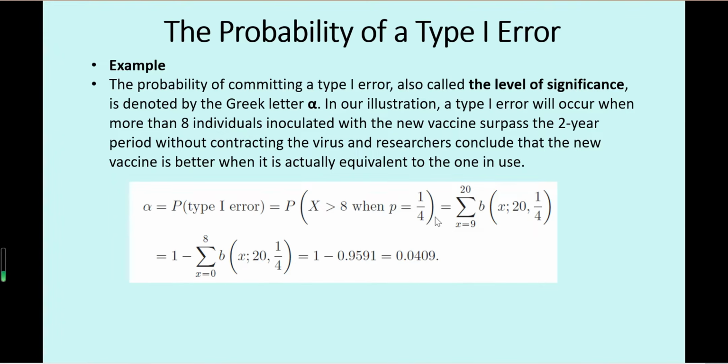Based on this, we can get a random sample with larger than 8 positive. We calculate this probability, then check the table of the binomial distribution. We can get about 0.0409 for the alpha, the level of significance, or type 1 error.